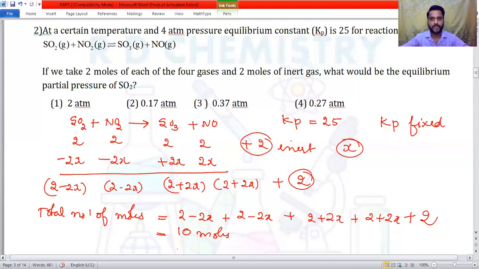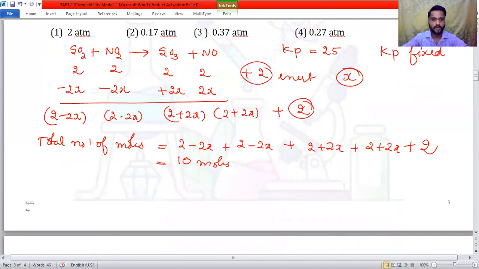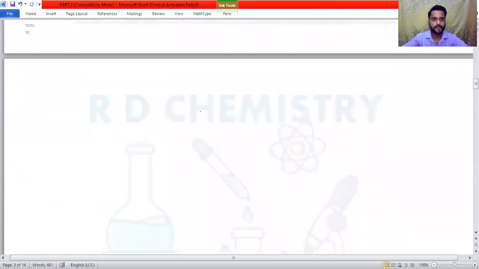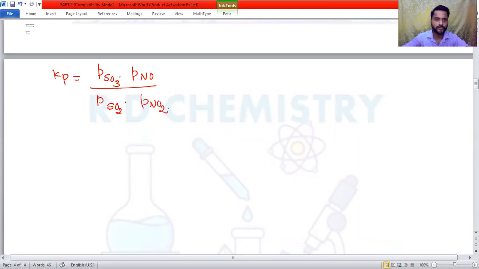Now, we have to calculate the equilibrium constant first. That is Kp, equal to partial pressure of the products divided by partial pressure of the reactants. So partial pressure of sulfur trioxide times partial pressure of NO divided by partial pressure of SO2 times partial pressure of nitrogen dioxide.